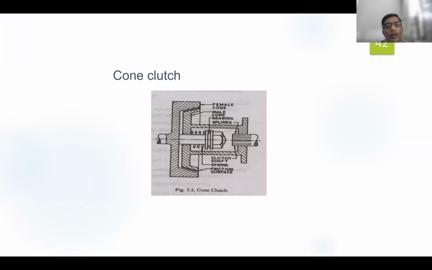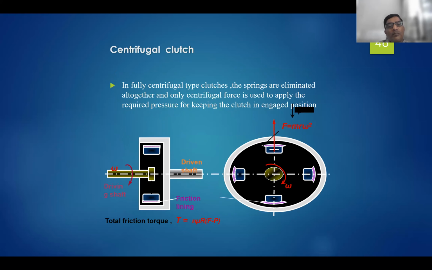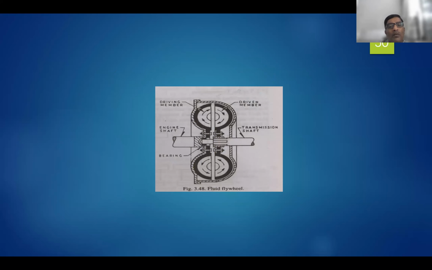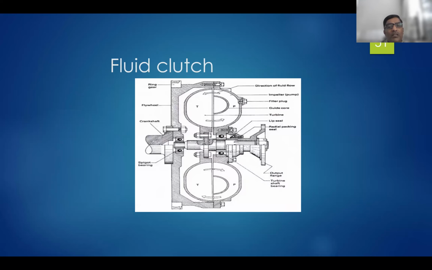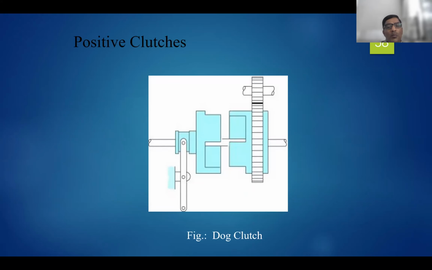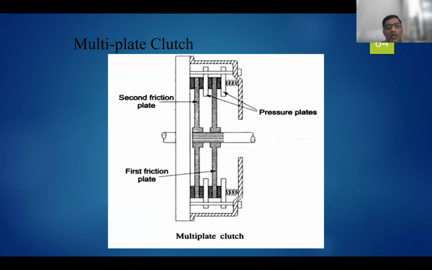So basically the transmission system, after the prime mover, that is the engine, is used to propel the vehicle from one place to another.